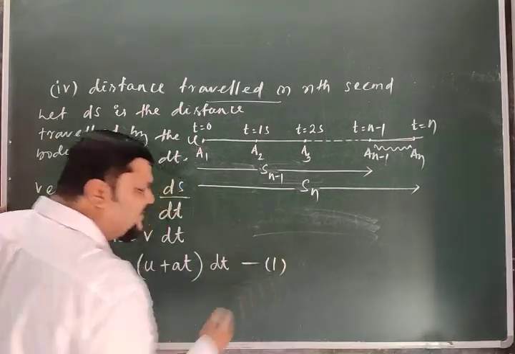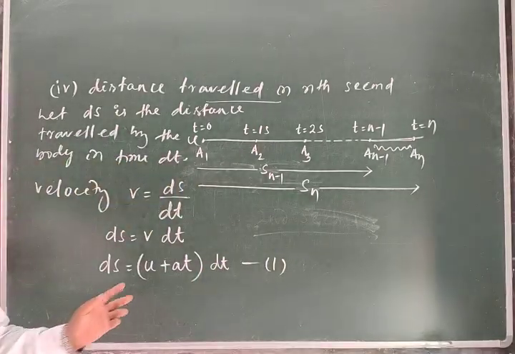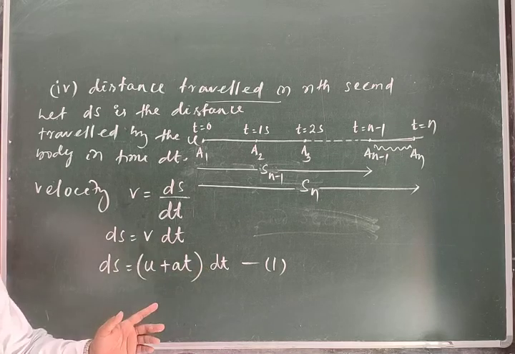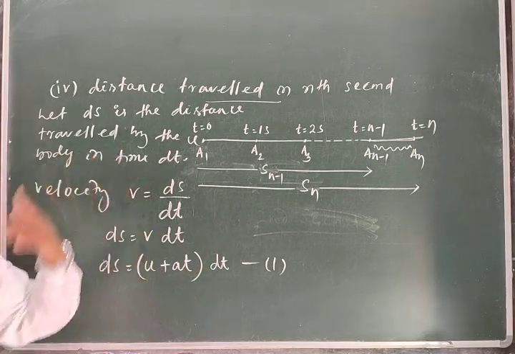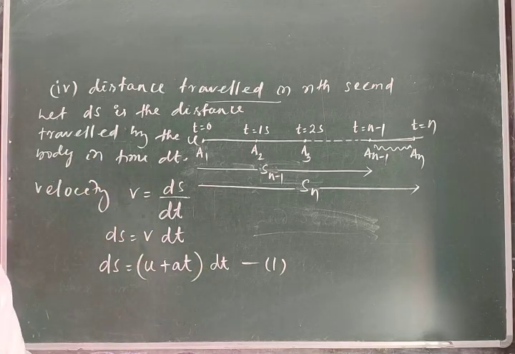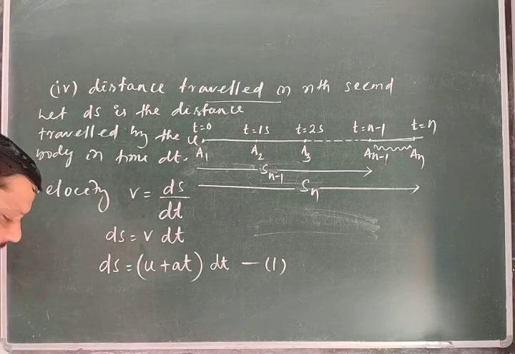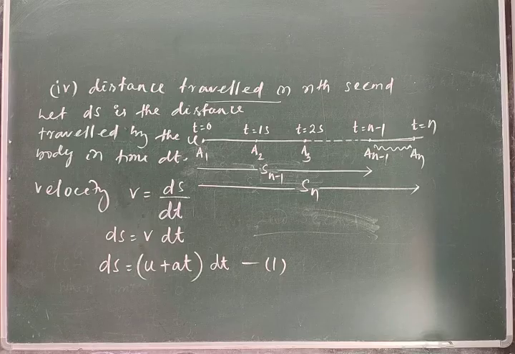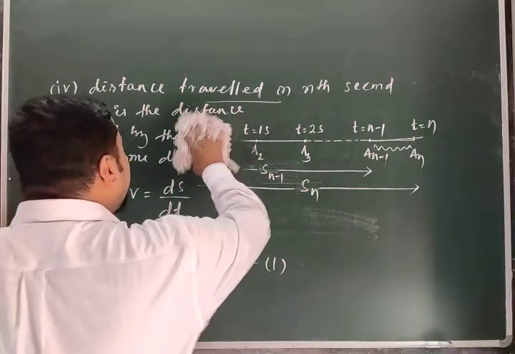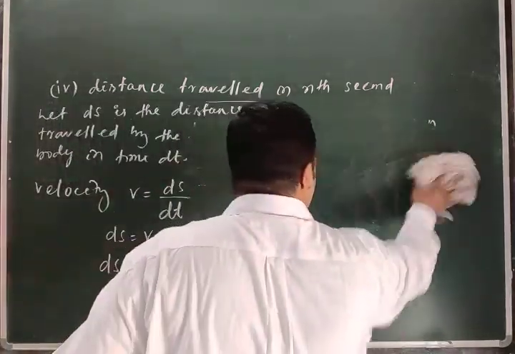Let this be equation 1. Let me do the calculus in a different way. I will not multiply each term with dt; I will multiply when I do the integration part. Clear? It is up to you. Whatever you choose, do as you like, but the procedure must be correct. Procedure must be correct. That is important. Clear?